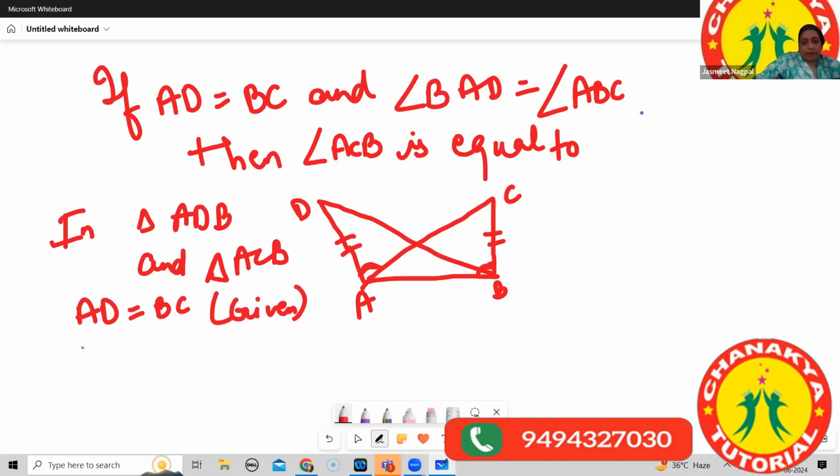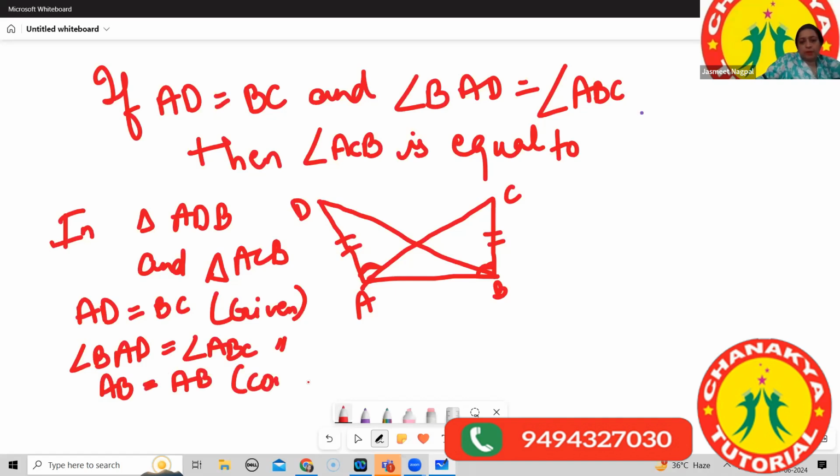Reason is very important in congruency. Angle BAD is equal to ABC. This is also given. And I will take AB equal AB. This is common. AB is common in two triangles. AB is in triangle BAD, AB is in ABC. So AB is common.